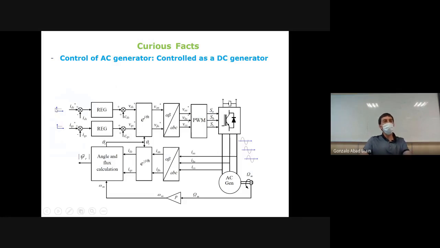So we are controlling a machine that is operating in AC as if it were a DC machine. That's amazing. That's quite curious, no?